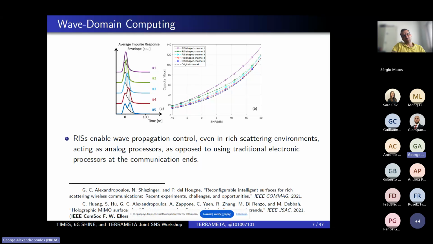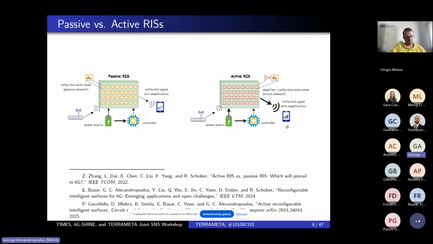Instead of doing all the sophisticated cancellation at the receive side, you try with the metasurfaces to change the shape of the channel impulse response in order to help remove inter-symbol interference. Of course, there are other ways to think of using metasurfaces to do this so-called wave computing.